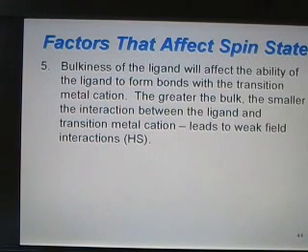There's also a fifth factor that affects the spin state of the coordination compound. We've talked about mainly the number of electrons on the transition metal cation, but the ligands also affect the spin state of the electrons on the transition metal cation.